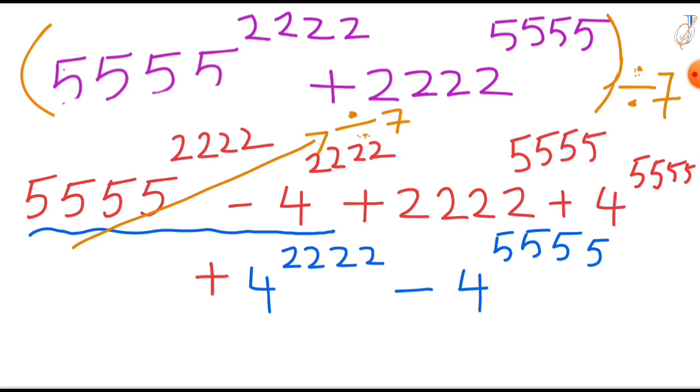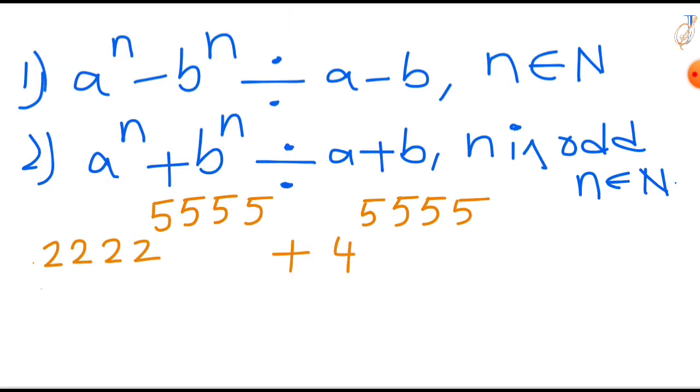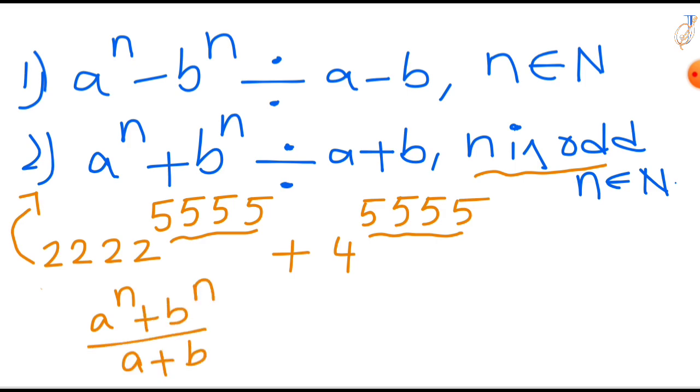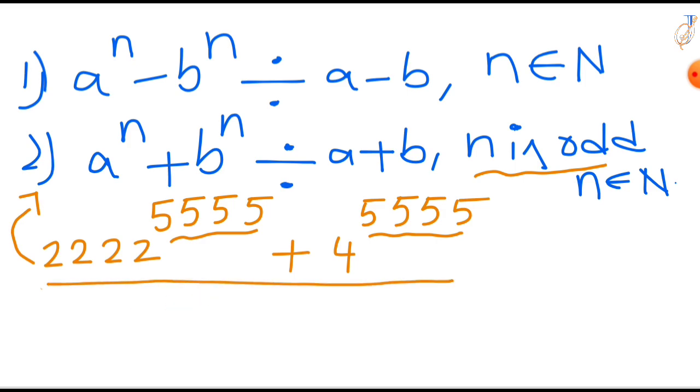Now, observe the second two terms, that is 2222 raised to the power of 5555 plus 4 raised to the power of 5555. This expression is in the form of the second formula, that is a power n plus b power n divided by a plus b. Here n is odd. 5555 is an odd number, and these are natural numbers, so our expression is divisible by a plus b.